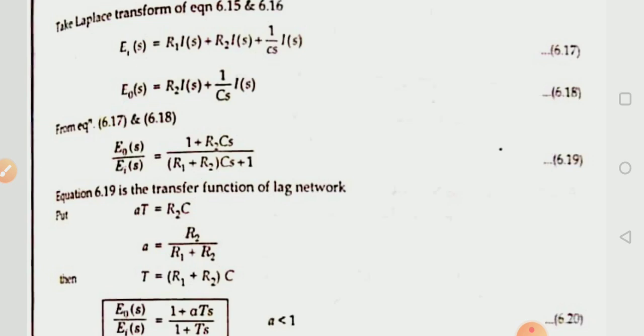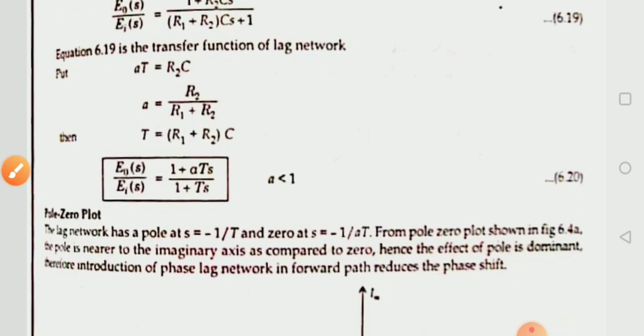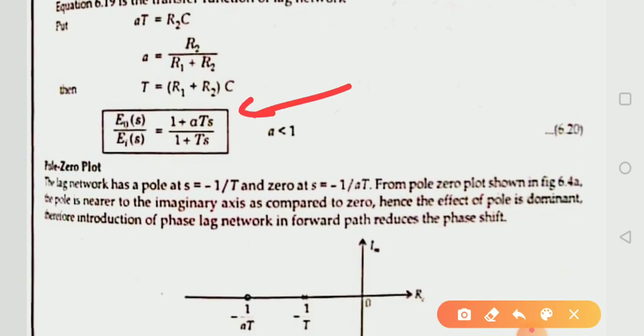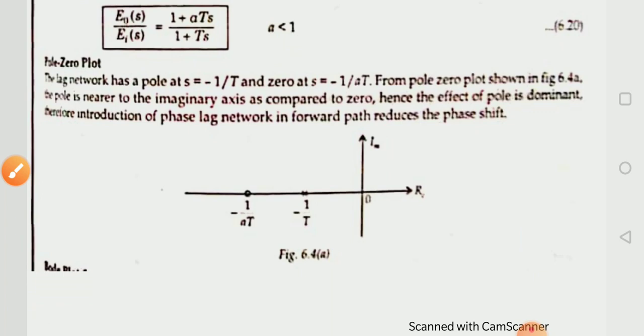Here we know that a is R2 over R1 plus R2, the value of aT is R2C, and the value of T is (R1 + R2)C. Putting these values in this equation, the transfer function, output upon input, is (1 + aTs) over (1 + Ts). Here a is less than 1.